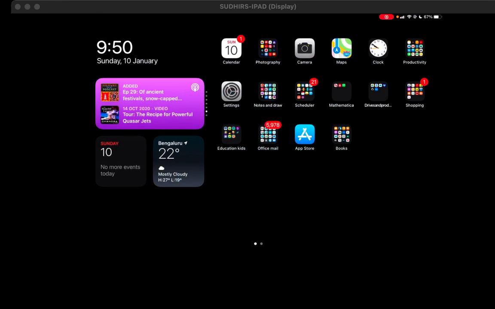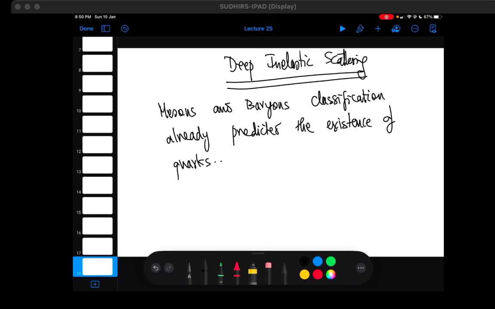There was not really any experimental verification, which was sort of uncalled for. But anyway, that was history. The process which set this quark picture on a very strong footing is called deep inelastic scattering.